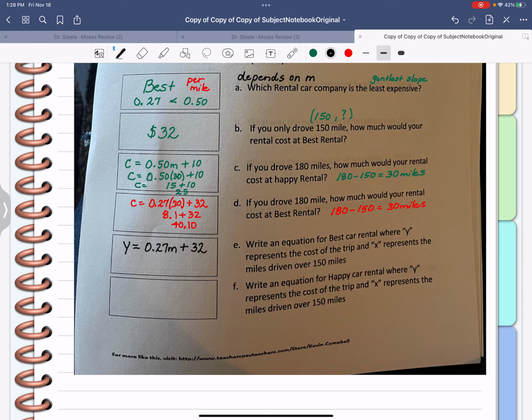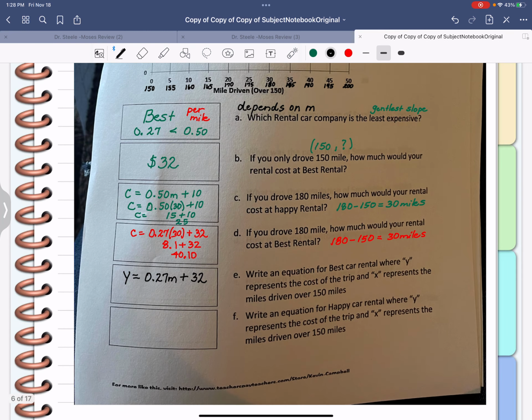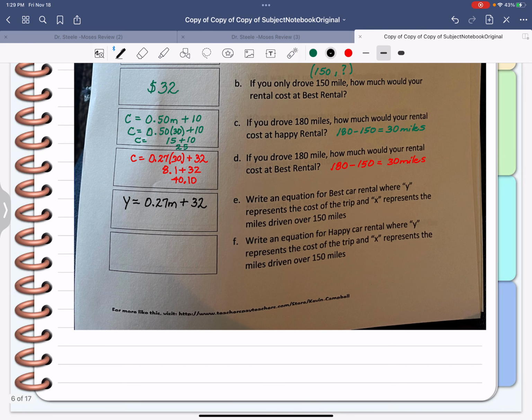Let's put this equation to the test, and let's see if it proves to be true. I'm going to use the 30-40 point that I had up there, and I'm going to say that Y is $40 for 30 miles.